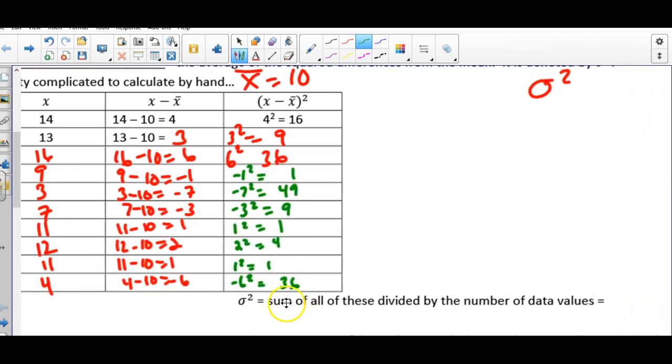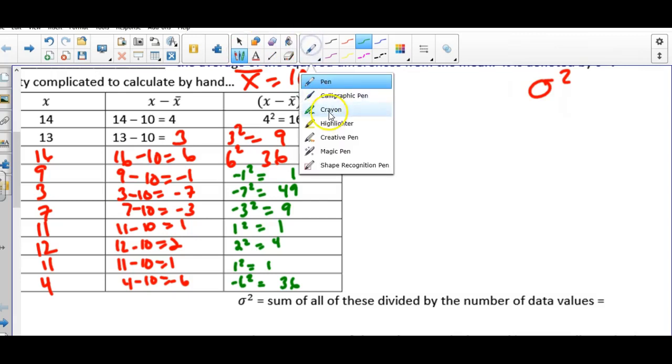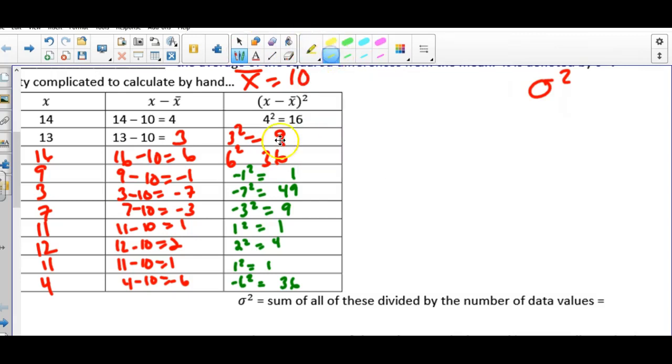Now, it says sum of all these divided by the number of data values. So if I add up 9, 36, 1, 49, 9, 1, 4, 1, and 36, because it says the sum of all these, I get 162.